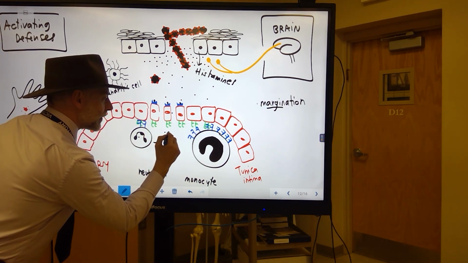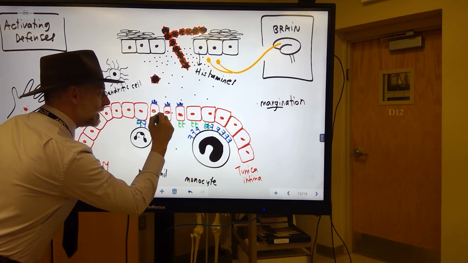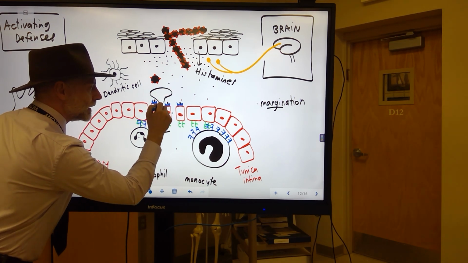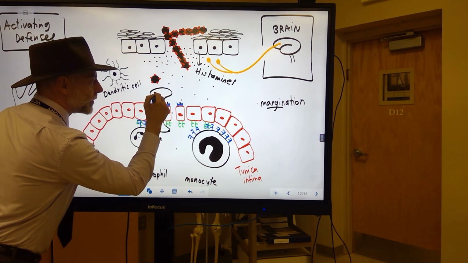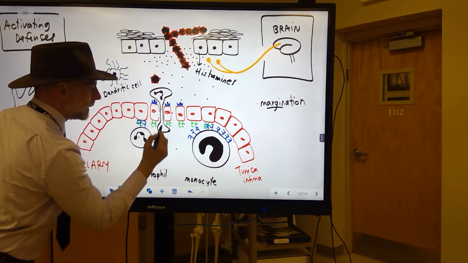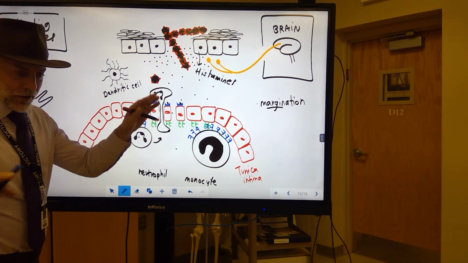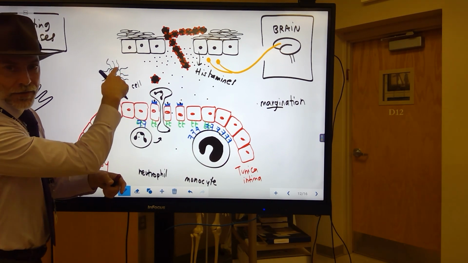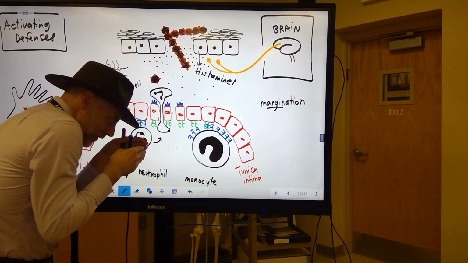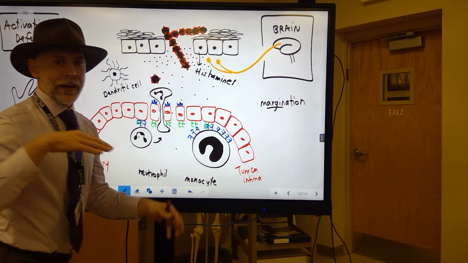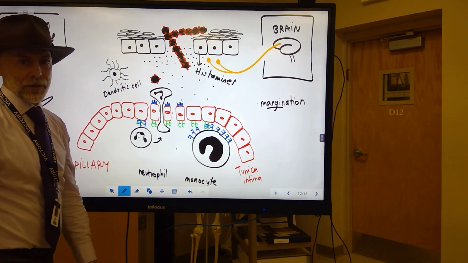And what they'll do, this is kind of cool, they actually will squeeze themselves down and wiggle through the gap. So this neutrophil is going to find the gap, and there are histamines, so there must be an infection over there, and it'll squeeze itself down and wiggle out of the capillary.